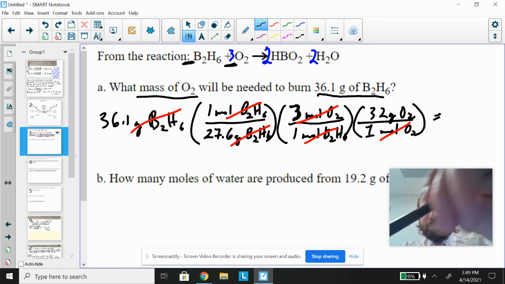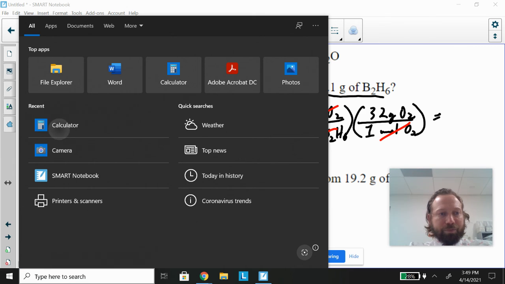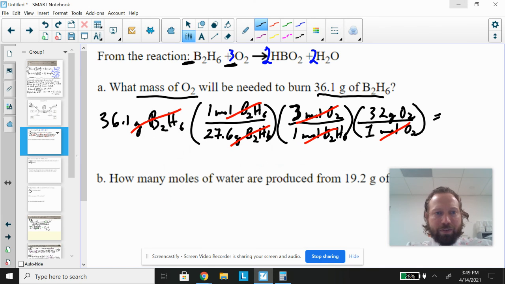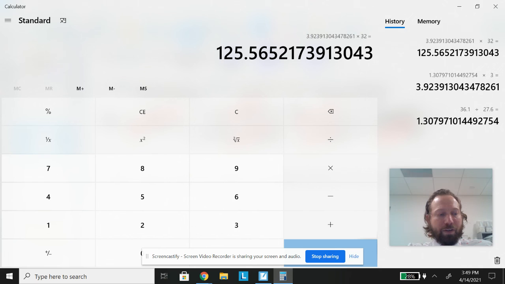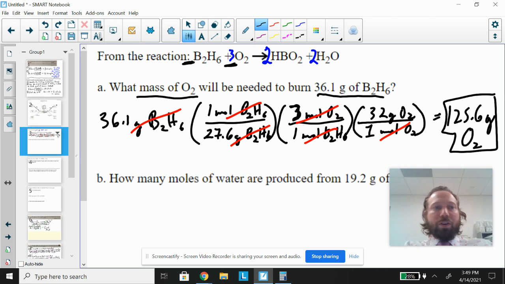And I get 36.1 divided by 27.6 times 3 times 32. And I get 125.6 grams of O2 gas. Okay, so that's how we solve that problem.